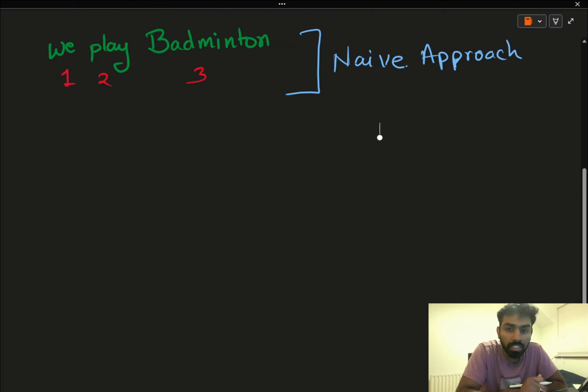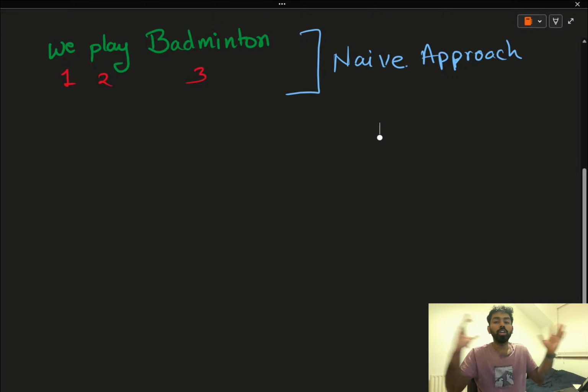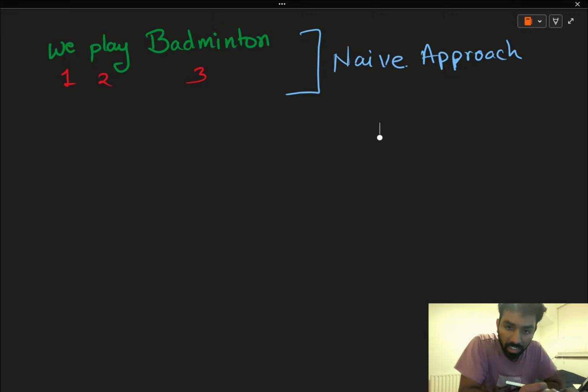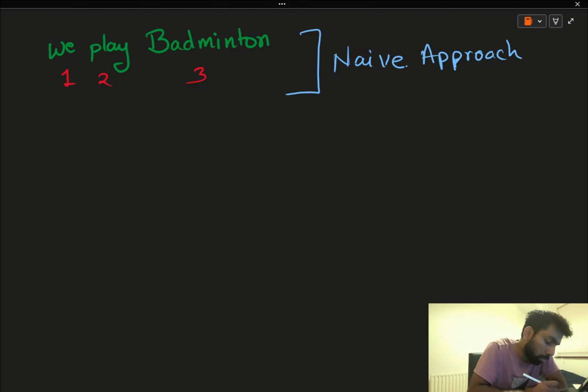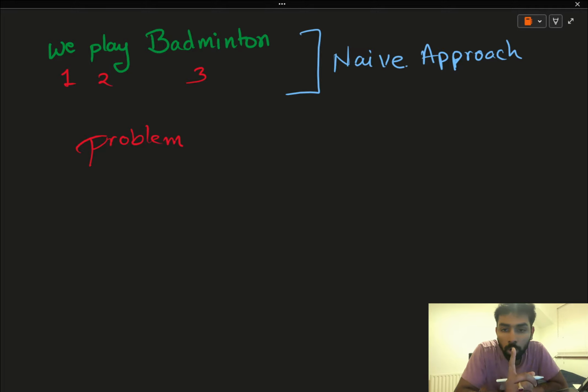But usually we have a huge amount of text data, and there's a problem with this approach. The problem is it treats these positions as numerical values, which could imply order of importance based on magnitude.